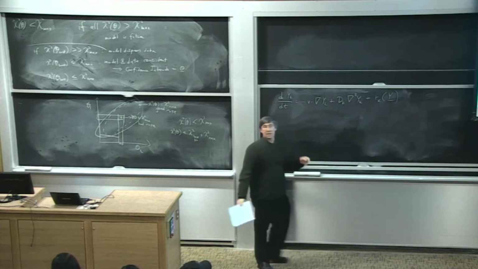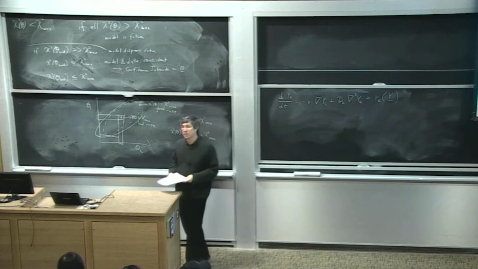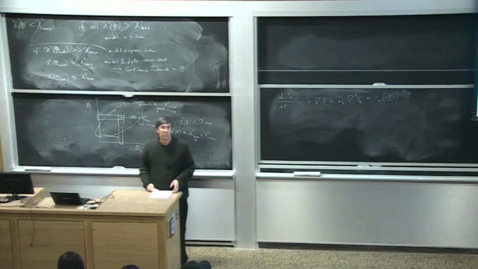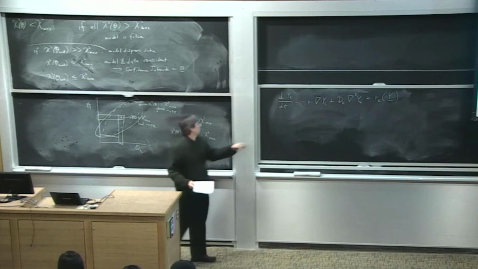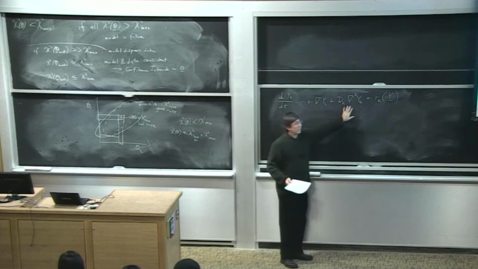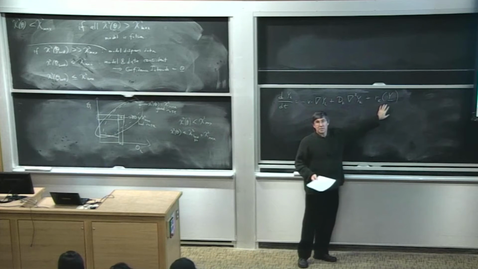All right, so this is the conservation equation for a species in a reacting flow situation. So you have some convection, you have some diffusion, you have some reactions.